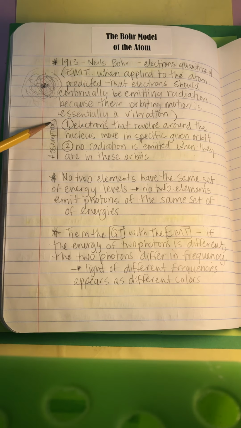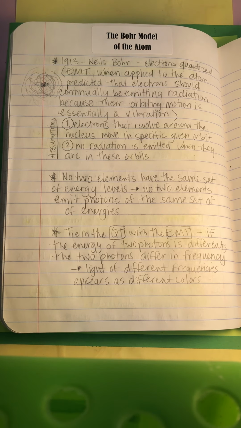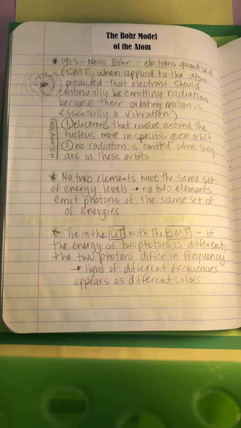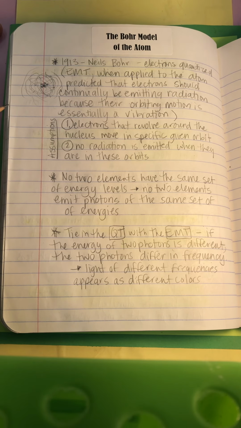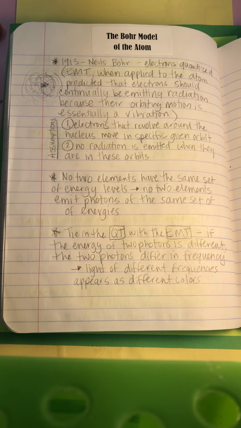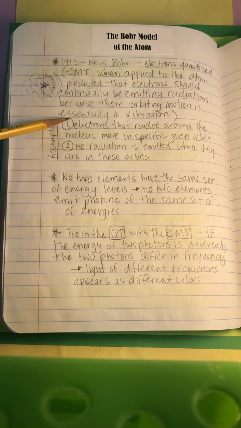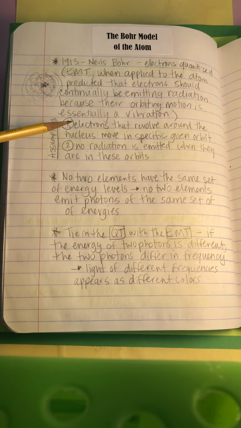So he has to put some assumptions into this atomic model, trying to unite it with what they were seeing in the experiments with light and the energy levels being emitted, as we'll talk about in a minute, in the spectra. So the assumptions were, the electrons that revolve around the nucleus move in specific given orbits.